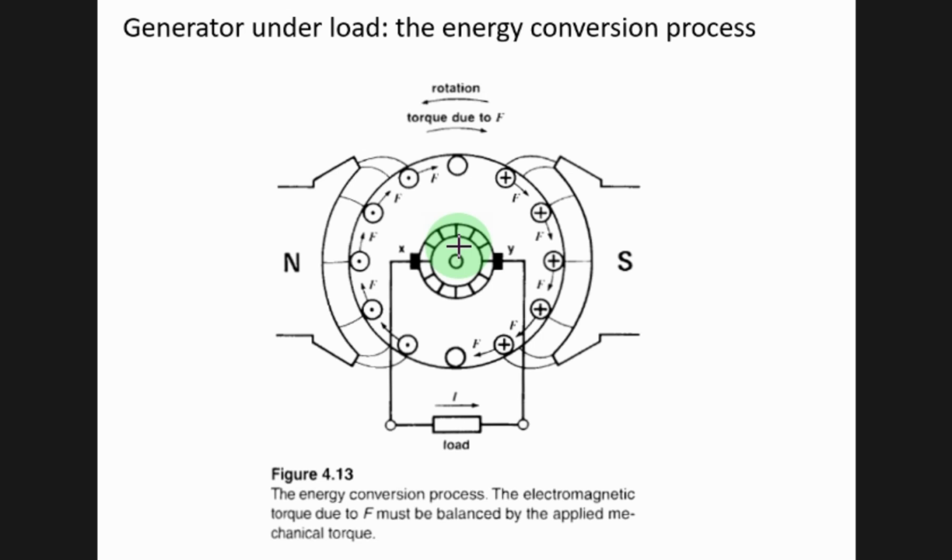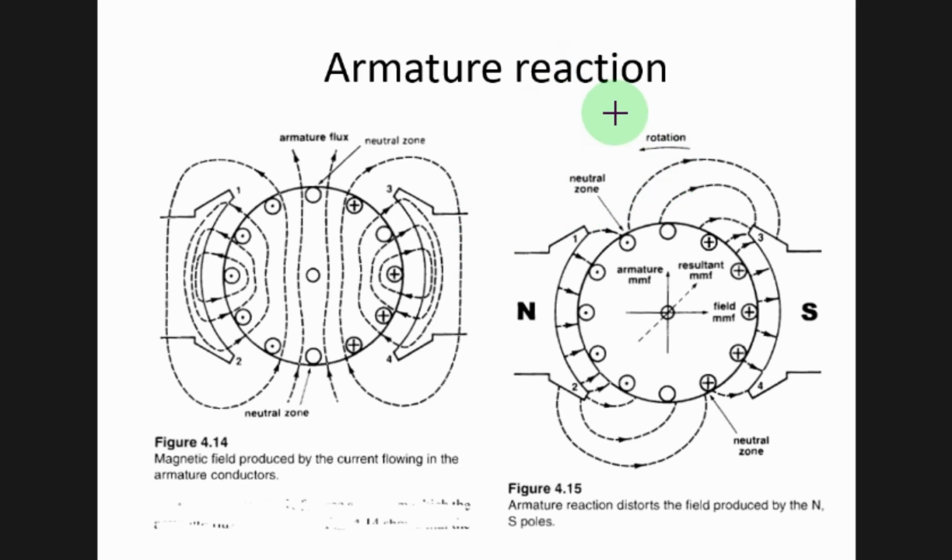And there is one other scenario which I am not going to explain here, that is called the armature reaction. When current carrying conductors are there, there will be a magnetic field formed around them.